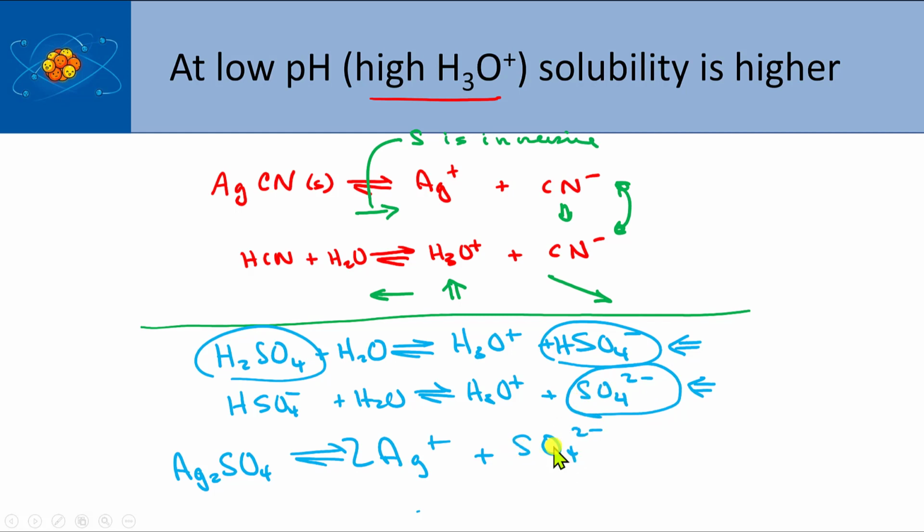These are what are in common, not this. Okay. So since the sulfate concentration is coupled to this hydronium concentration, and HSO4 minus is weak, then again, the solubility of silver sulfate will be somewhat more soluble as you go to lower pH or higher hydronium ion concentrations.